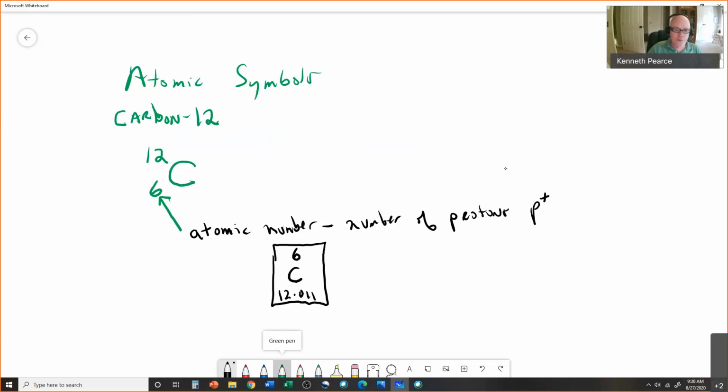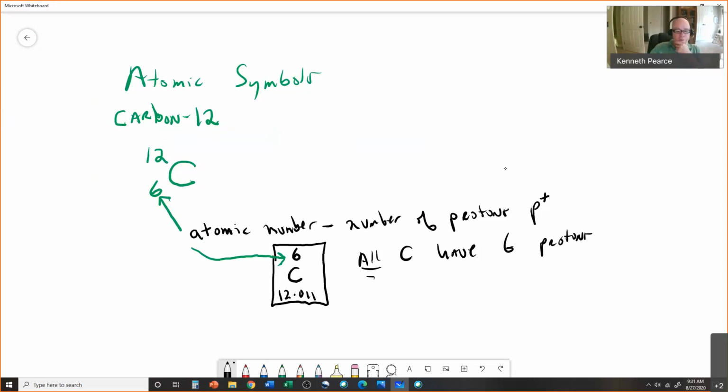And there is your atomic number. Now, all carbons have 6 protons. If it has something other than 6 protons, it's not carbon. For instance, if it has 7 protons, it's nitrogen. If it has 8 protons, it's oxygen. So all carbons have 6 protons. Okay? Now, that's what that 6 is.